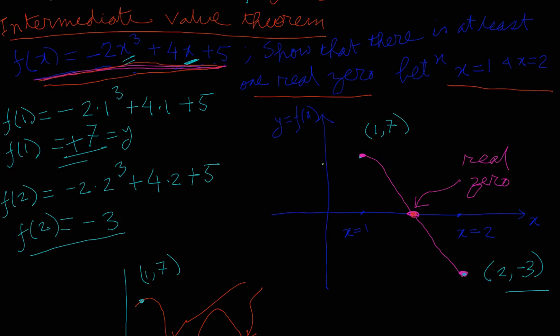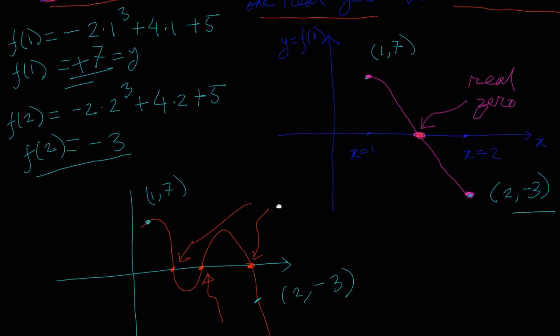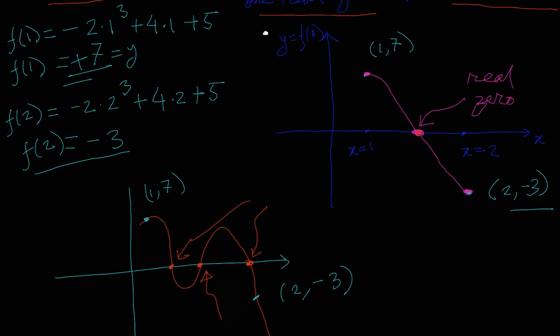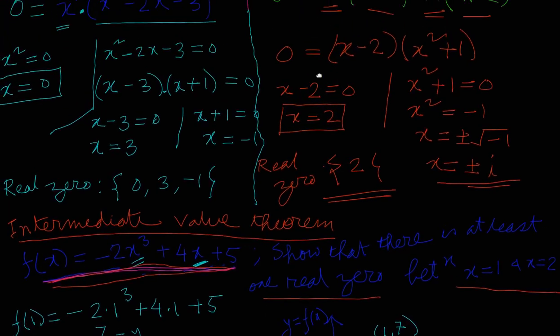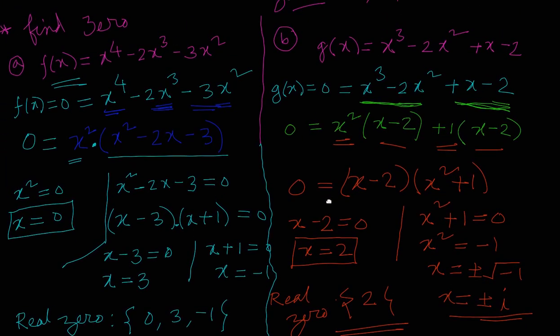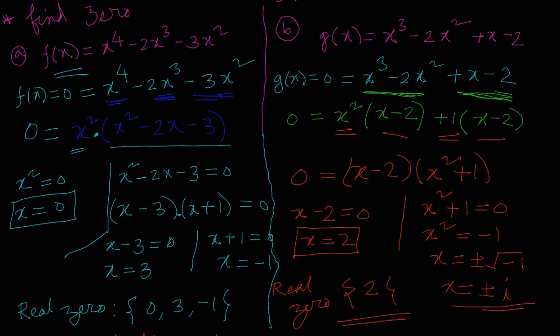Okay, so let us try to solve some problems finding real zeros of a polynomial function. So just to recap, here I found real zeros for 2 problems. Here is my problem, and here I have another problem we solved and we found real zeros.